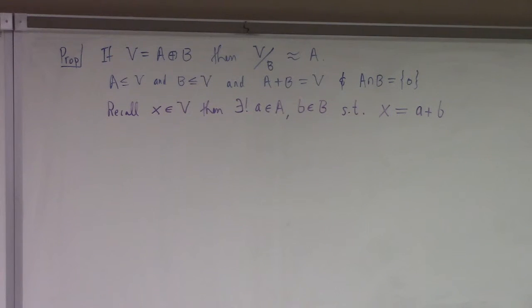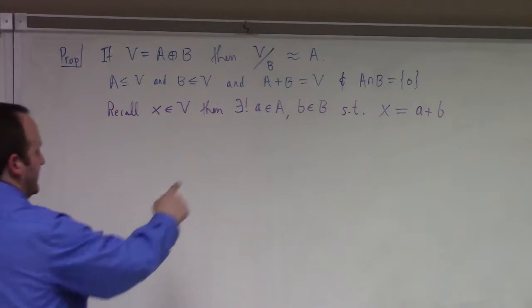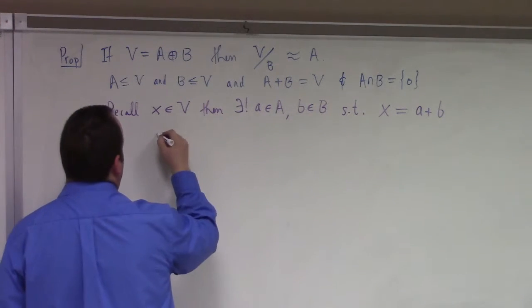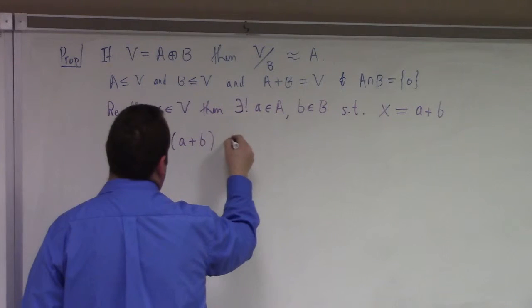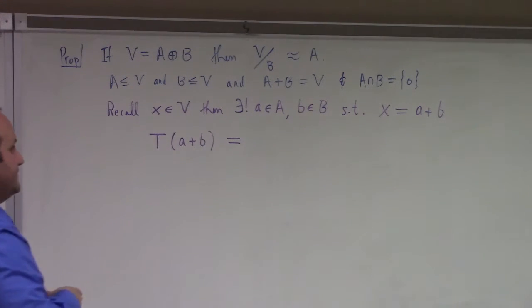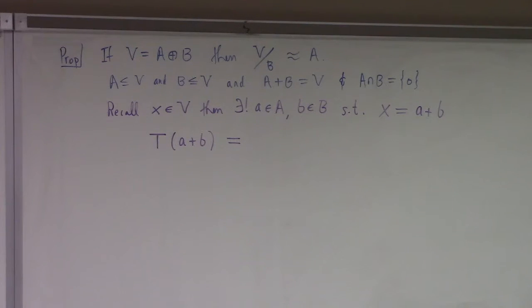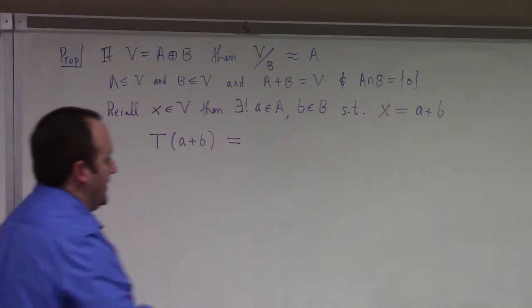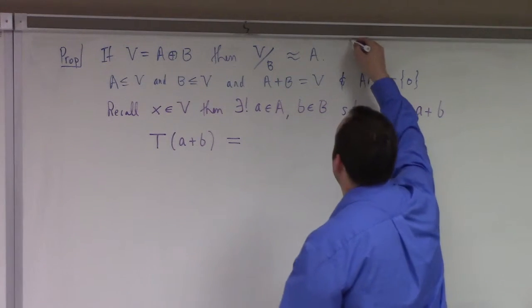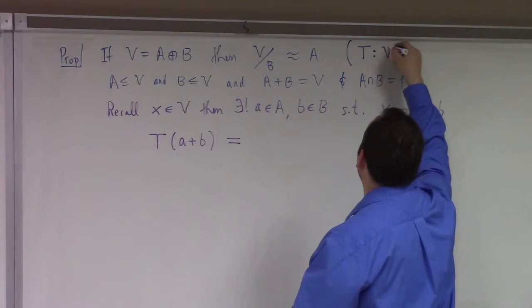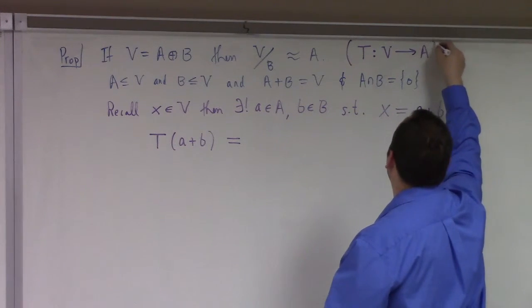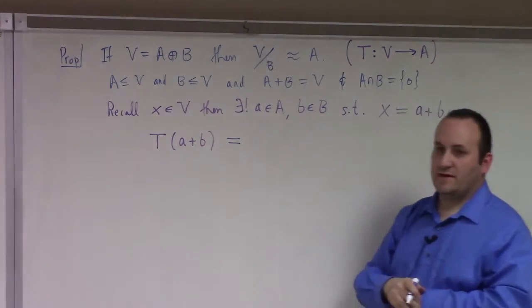So given that, you can define a map, because it's a unique a and b. So define T of x, or T of a plus b, equals what? I want this to be a mapping that I can use the first isomorphism theorem on. So I'm looking for T going from V to A. Which one of these do I want to keep?